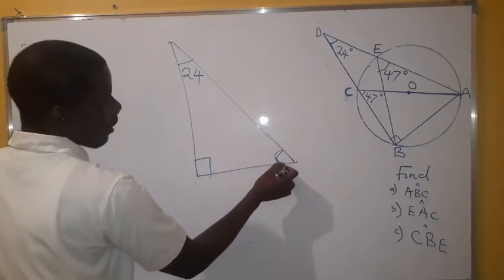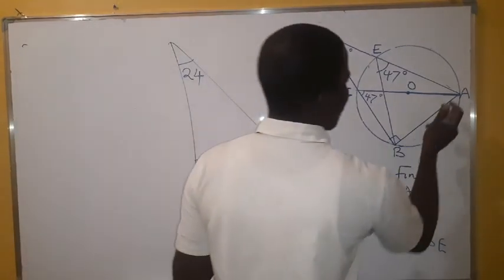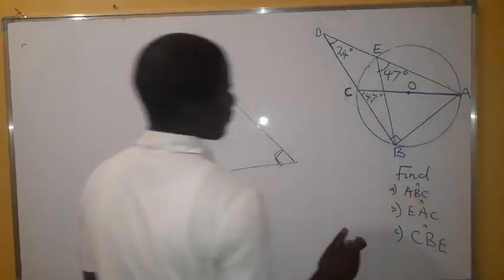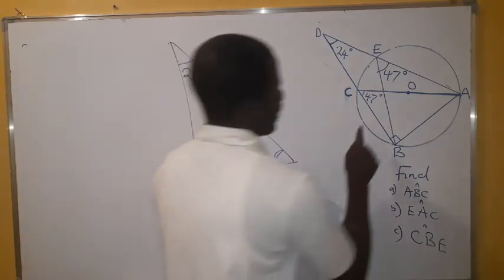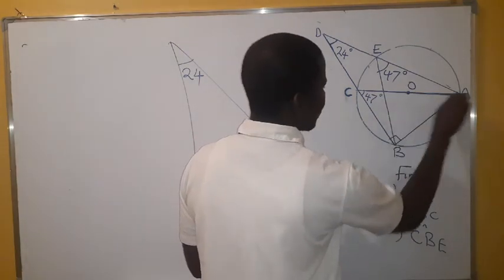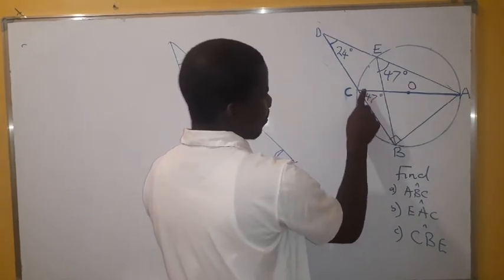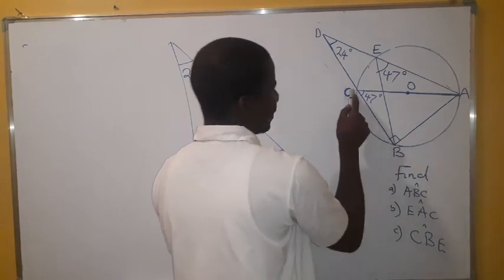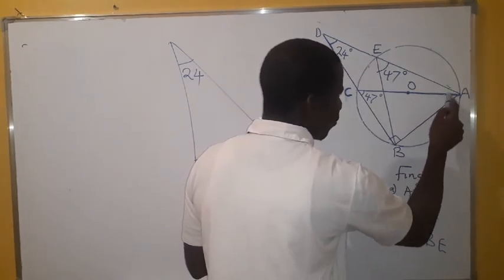So what is this angle here? I'm referring to this whole angle here. But maybe before I come there, let me deal with this triangle here. This triangle, where we have 90. The triangle that I'm dealing with is A, B, C. I want to find the size of this angle here.